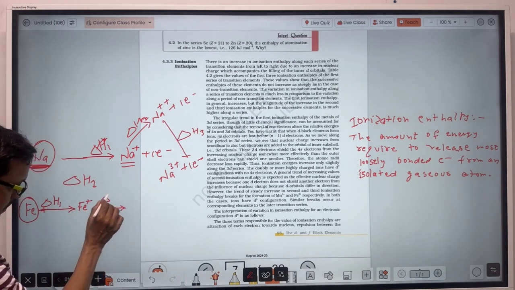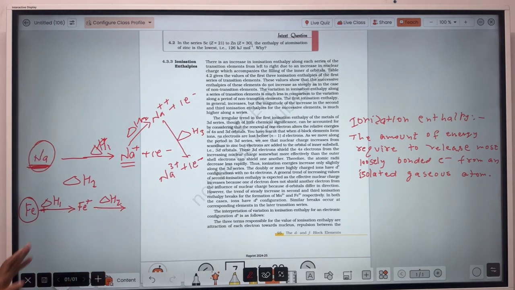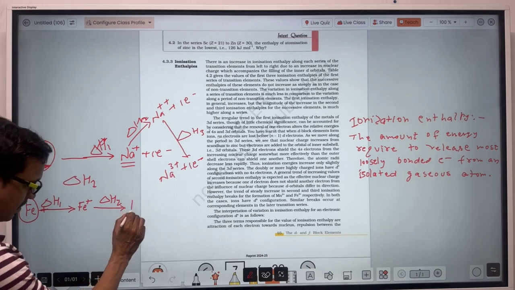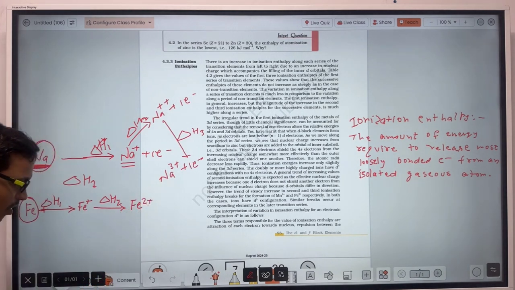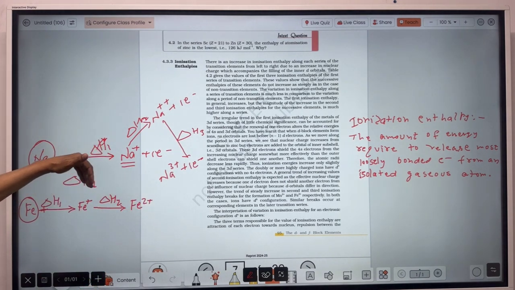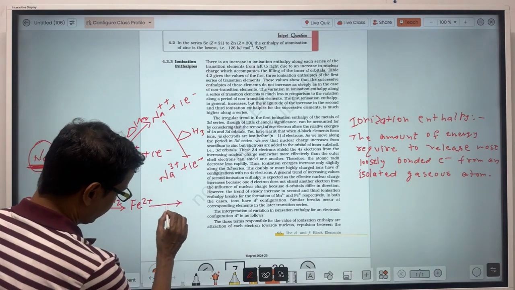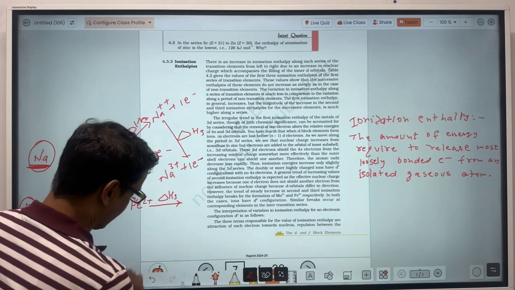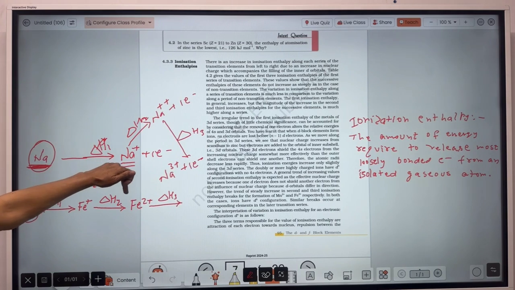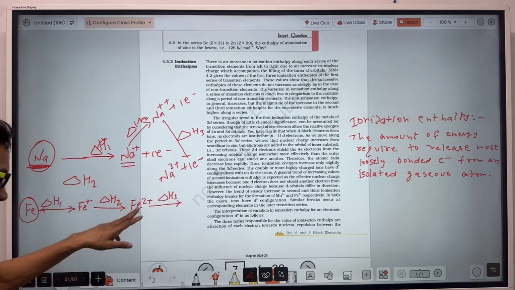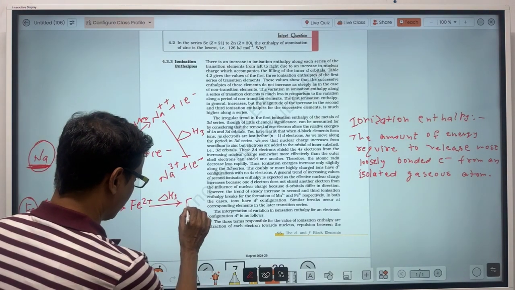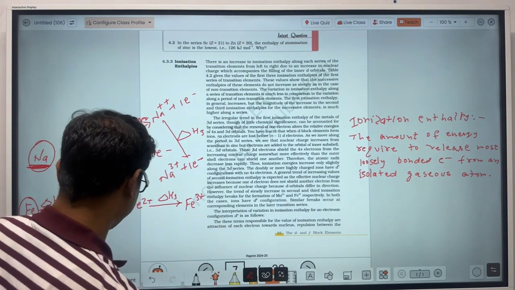Again, how much energy must be supplied to release the second electron, forming Fe2 plus from Fe plus, will be called second ionization enthalpy. In the same way, the energy to release an electron from Fe2 plus will be called third ionization enthalpy.